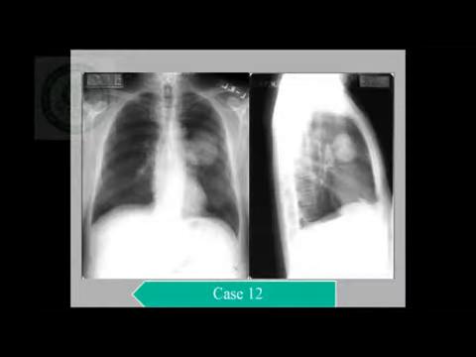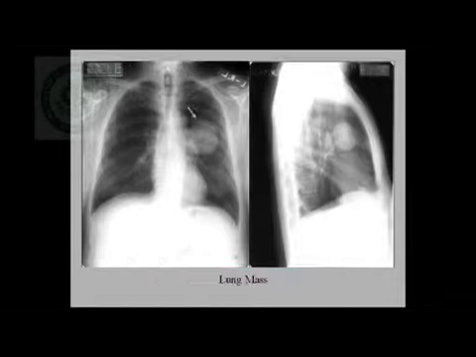And again, a peripheral lung mass, where you find a well lobulated margin with clear-cut borders all around, is a benign tumor of the lung.